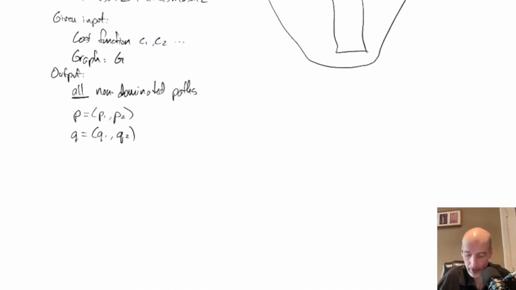So we say path P dominates Q. And we can write this as P and this sort of curly less than sign here, which I can't draw so well, but it dominates Q if and only if we have the following conditions.